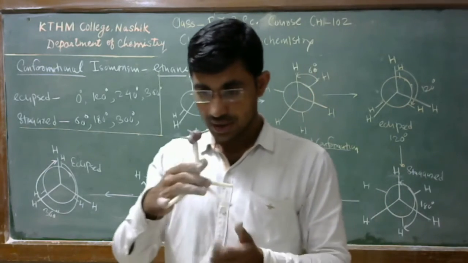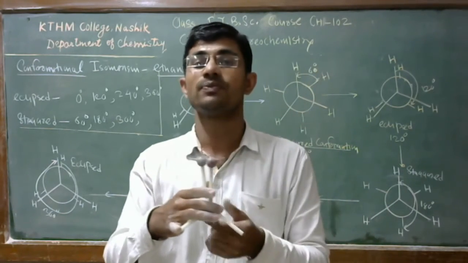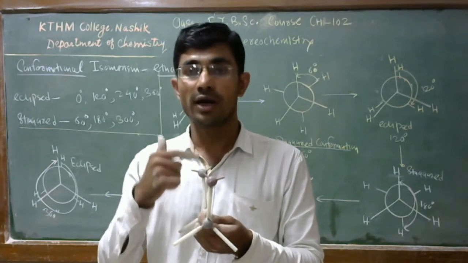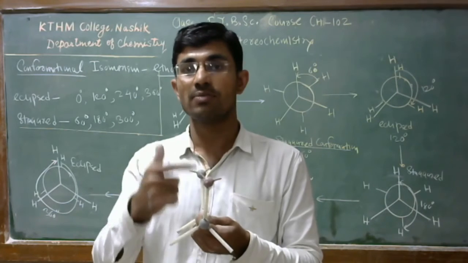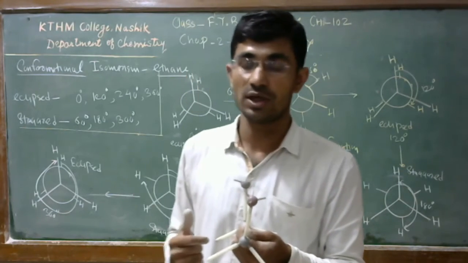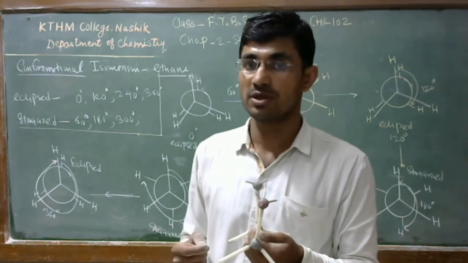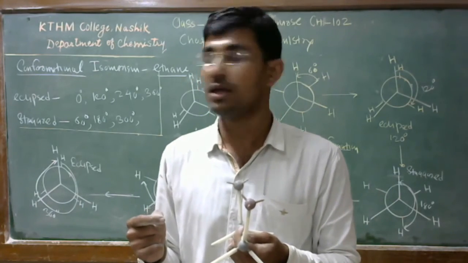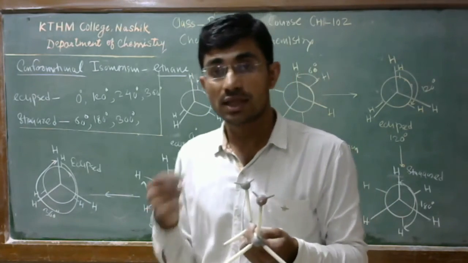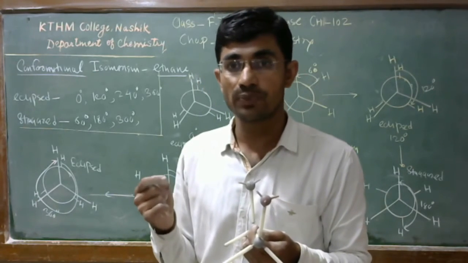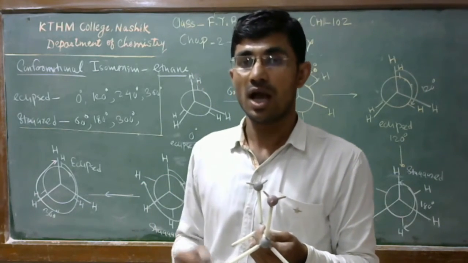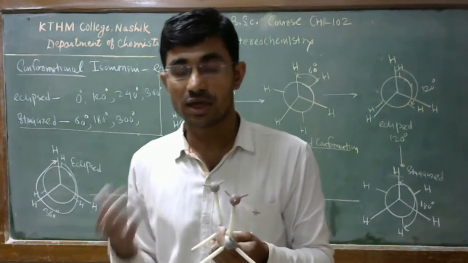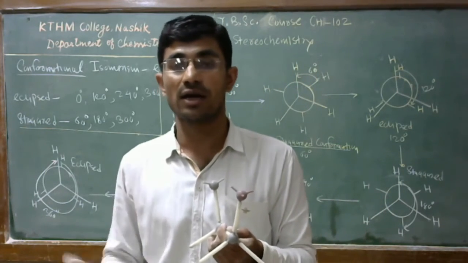See here, in this conformation, the eclipse conformation, we can observe the non-bonded hydrogens are maximally close to each other. And this conformation we can observe for angle 0, 120, then 240 and 360. And this conformation is a more energetic conformation than staggered conformation.